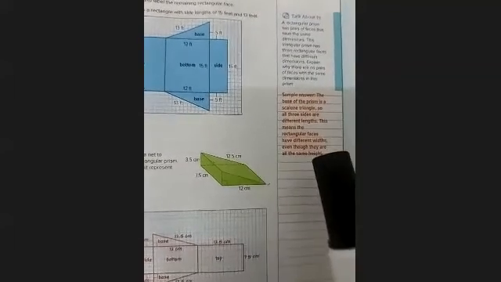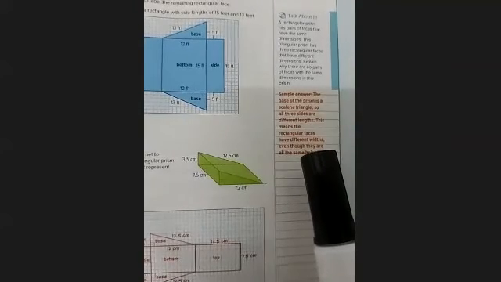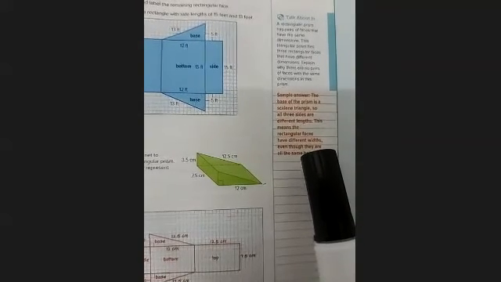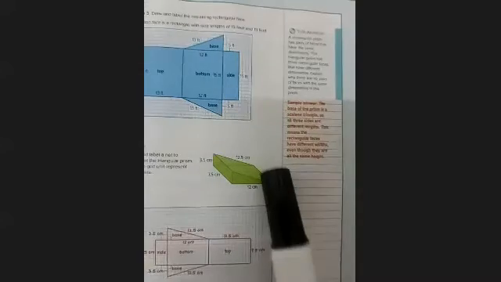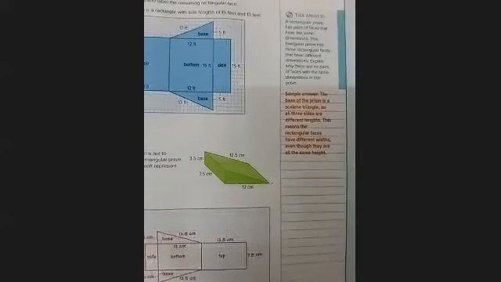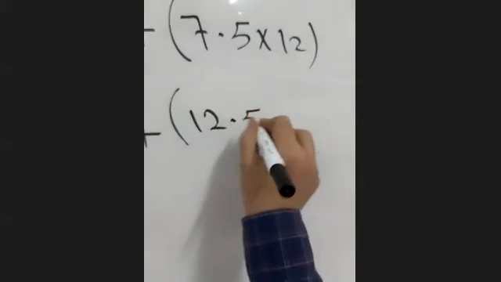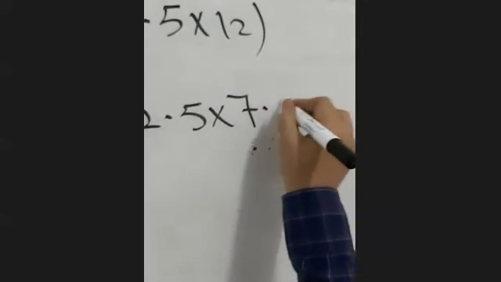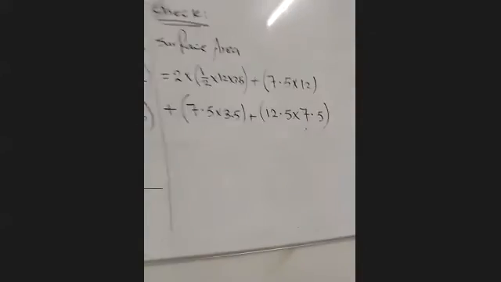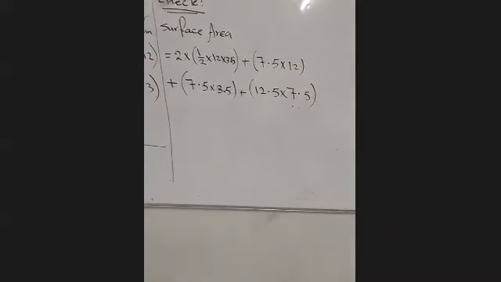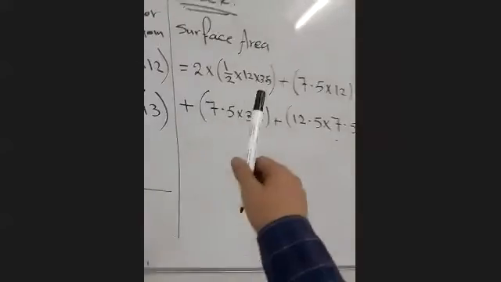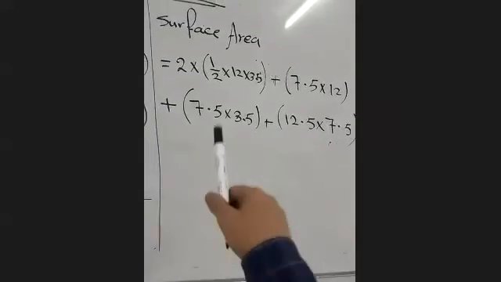Do you know? 12.5. Okay, 12.5. What's the width? 7.5. Excellent. So what's the area? 12.5 multiply 7.5. So two triangles and the three rectangles together.